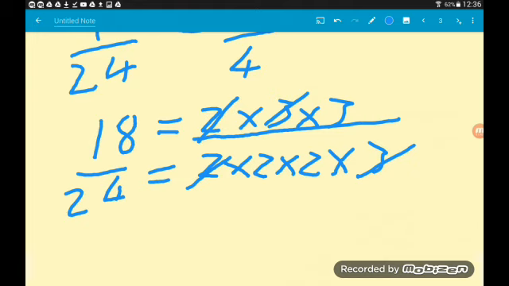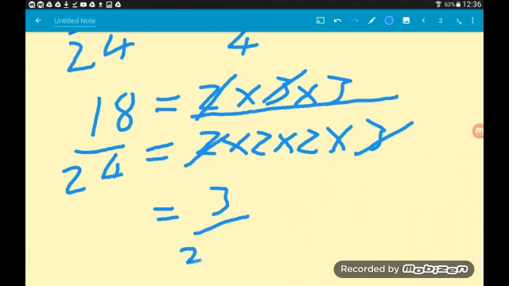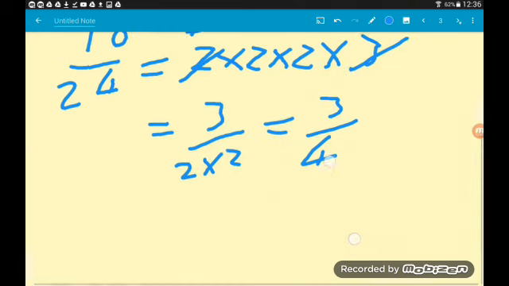So we can also cancel a factor of 3. Now up on top we've got a 3. On the bottom we've got 2 factors of 2. So we can't cancel anything else. We're left with 3 over 2 times 2, which is, again, 3/4. Let's have a look at another one.